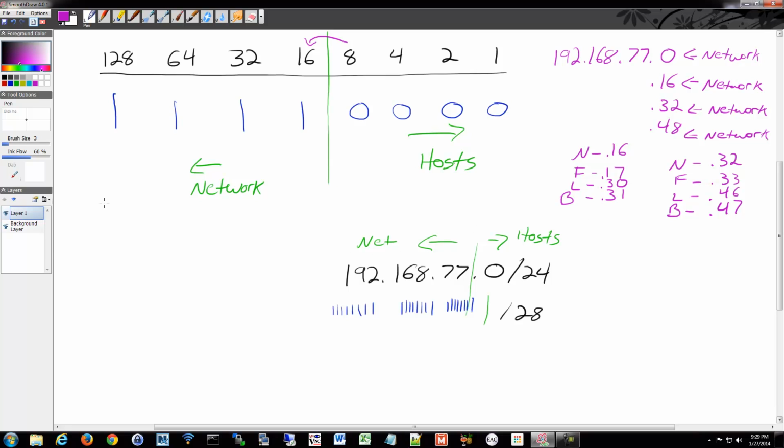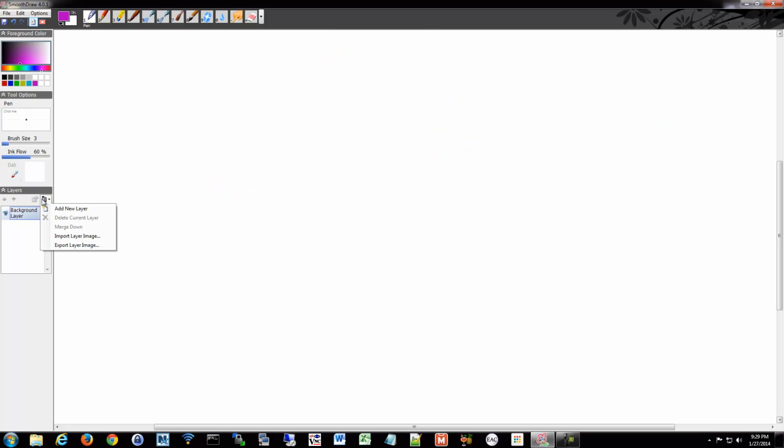So let's do one more example somewhere not in the last octet, and I'll show you how it really doesn't make any difference whatsoever. We're going to write out our placeholders again.